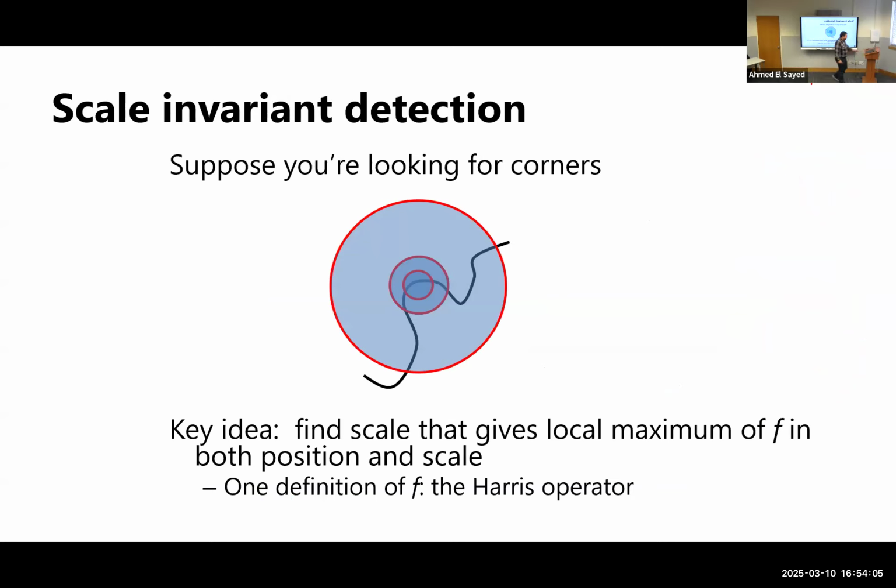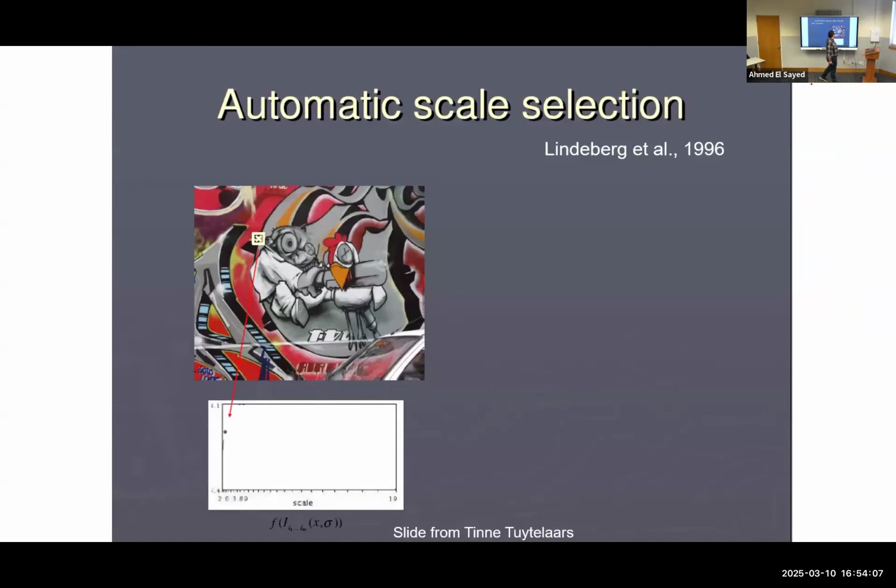Let's have an example. Assume that we want to detect the corner here in this area and match it with another corner from another scaled version of this. We will start at some specific scale and find the value of the coefficient. Then scale up this window and find the coefficient.